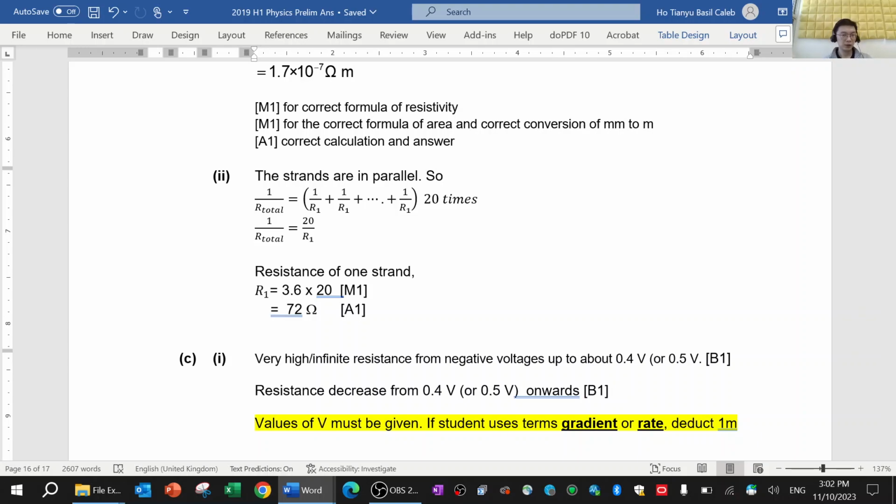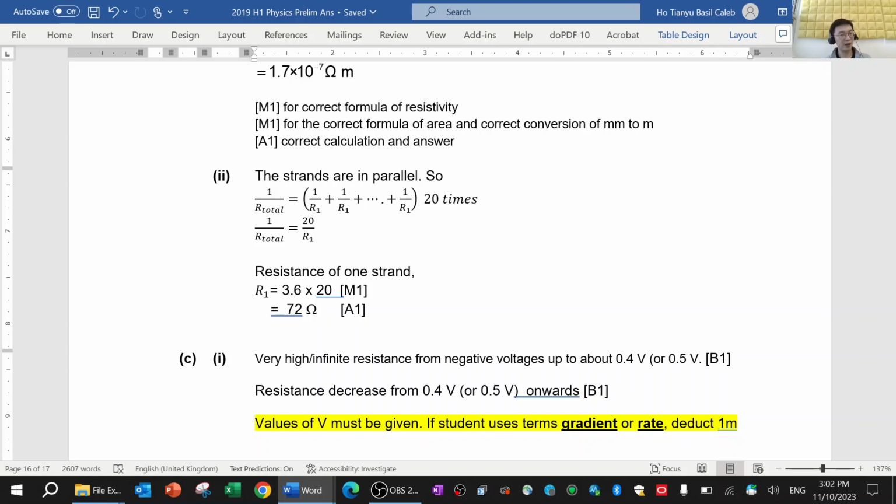If I want to be a bit more careful, I would choose 0.4, which is the slightly stronger answer. I would say that it's very high resistance or infinite resistance until 0.4. Then I would say that resistance decreases from 0.4, because the ratio V over I drops.